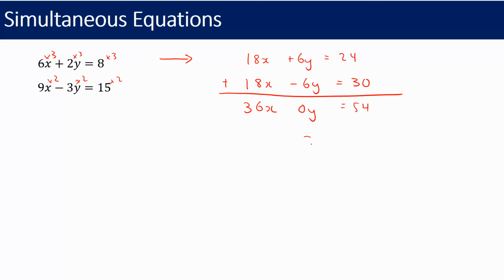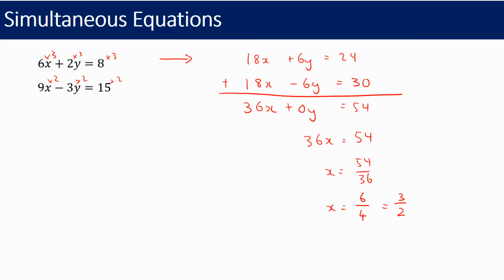Then x will equal 54 on 36. Simplifying this down, what number goes into 54 and 36? 9. How many 9s in 54? 6. How many 9s in 36? 4. We can simplify this further to 3 over 2, so it's 1.5. But leave it as fractions, unless I ask you.